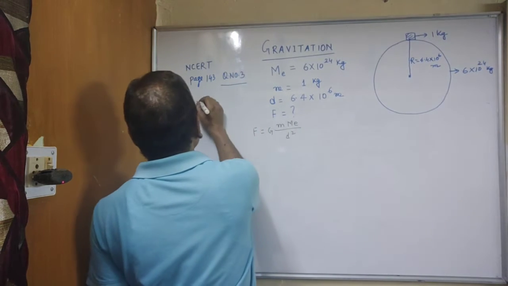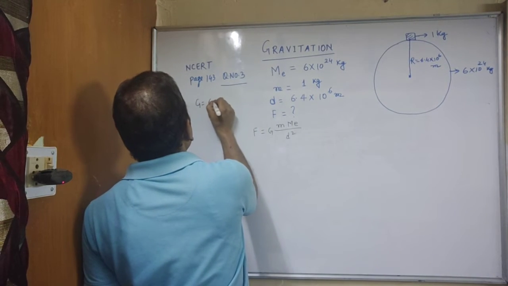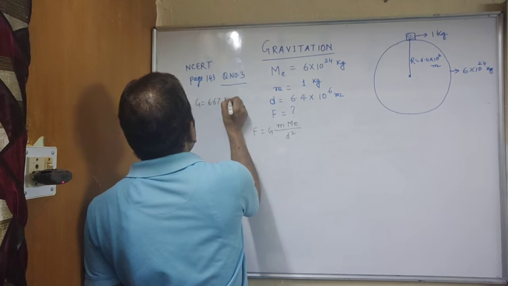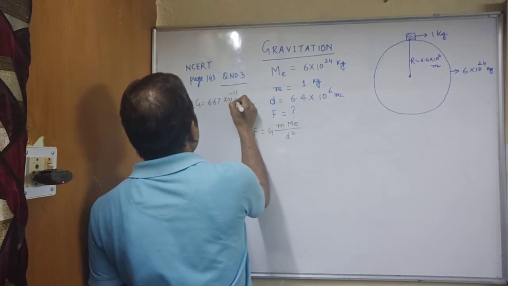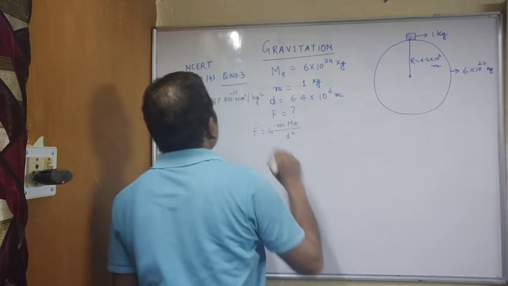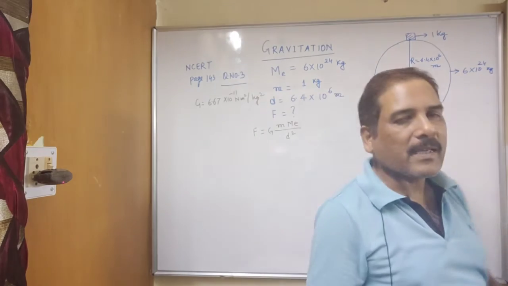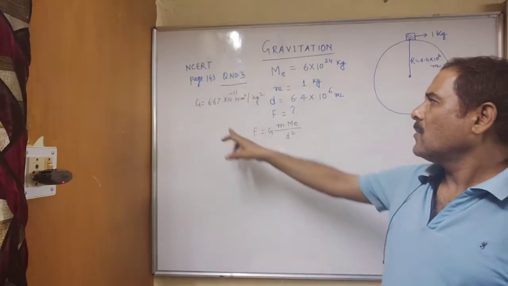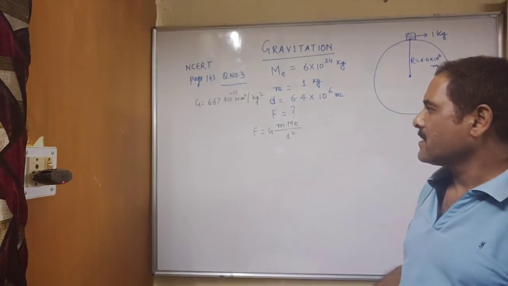Value of G is 6.67 into 10 to the power minus 11 Newton meter square per kg square. It is given 6.673. I am taking only 2 digits after the decimal.